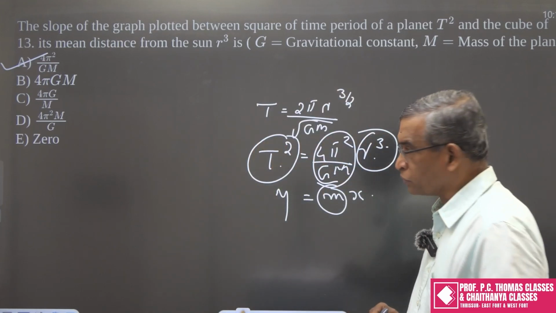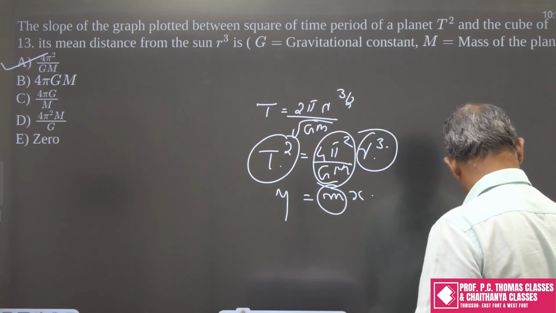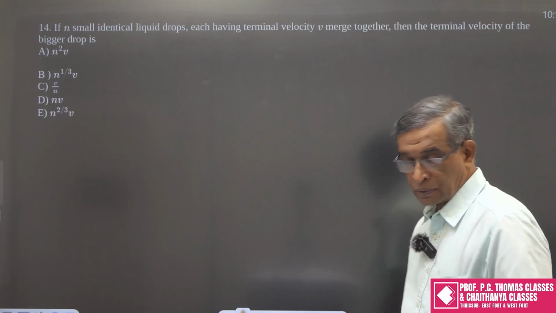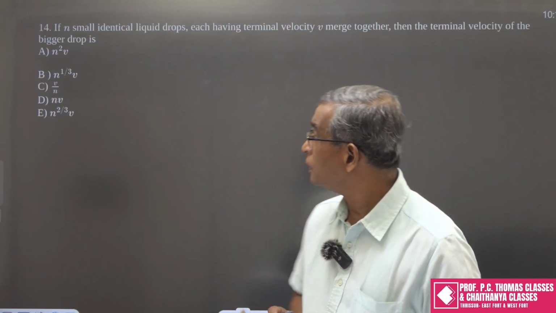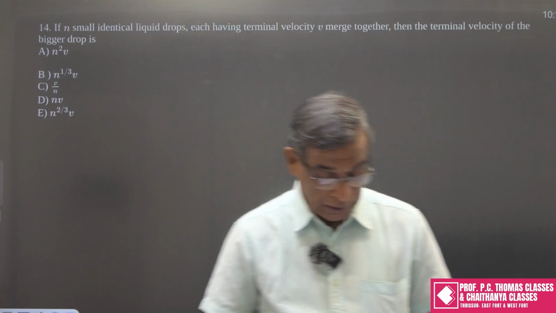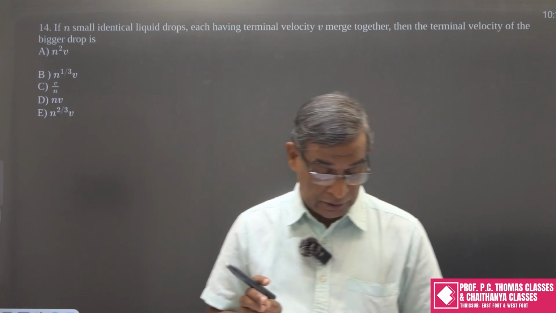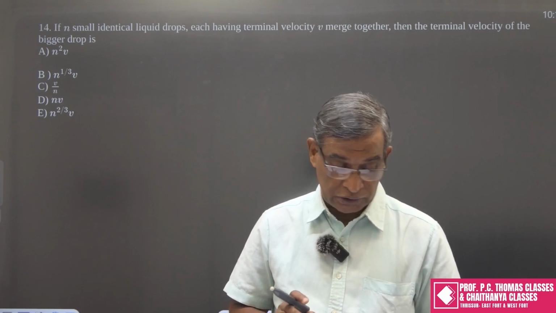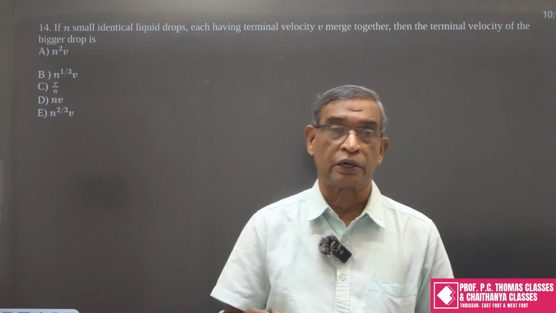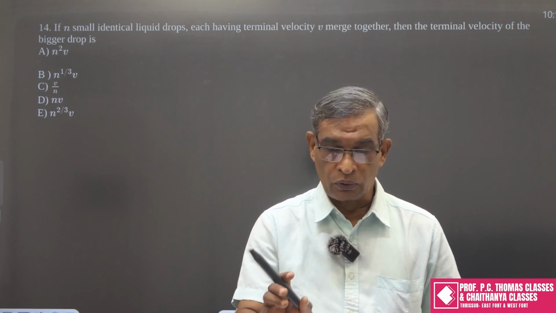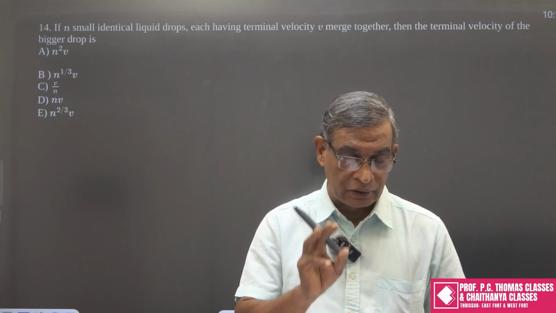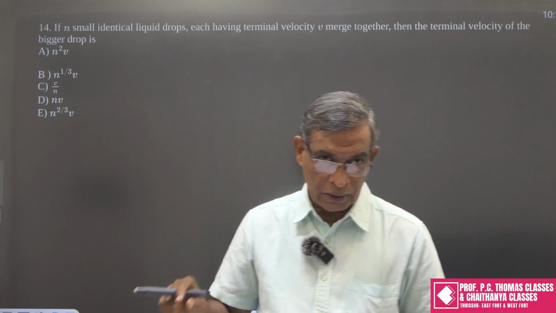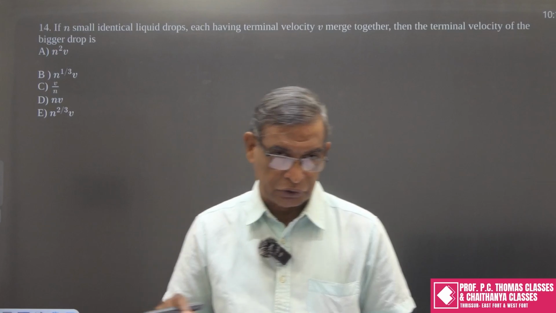Let's go to our next question. If n small identical liquid drops, each having terminal velocity v, merge together, then what is the terminal velocity of the bigger drop? Here we are using information from surface tension also.